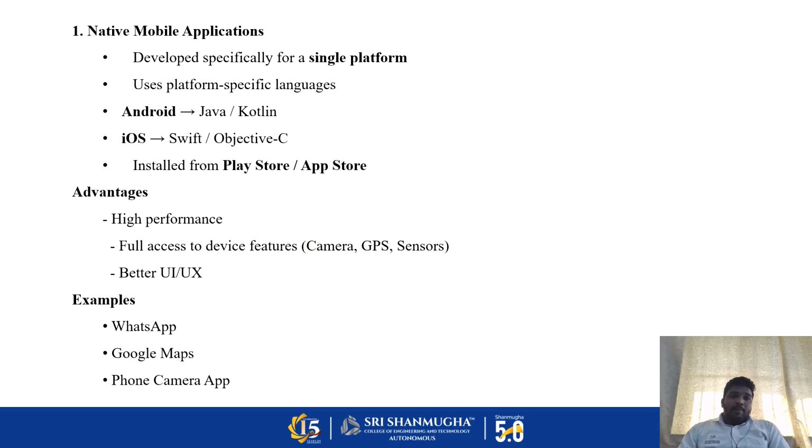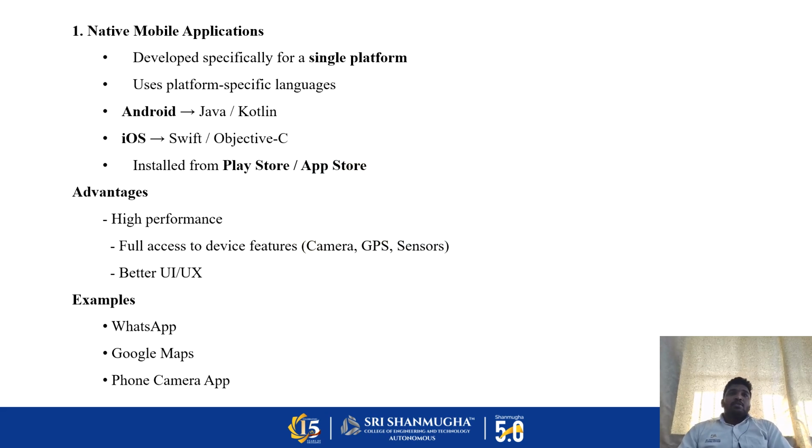Native mobile applications are developed specifically for a single platform. For example, Android native apps use Java or Kotlin. iOS native apps use Swift or Objective-C. These apps are downloaded and installed from the Google Play Store or Apple App Store. The biggest advantage of native apps is high performance.